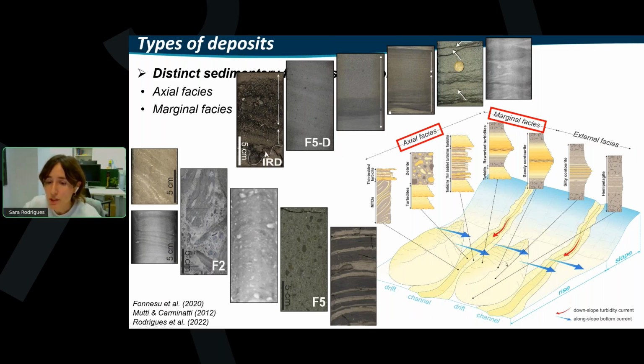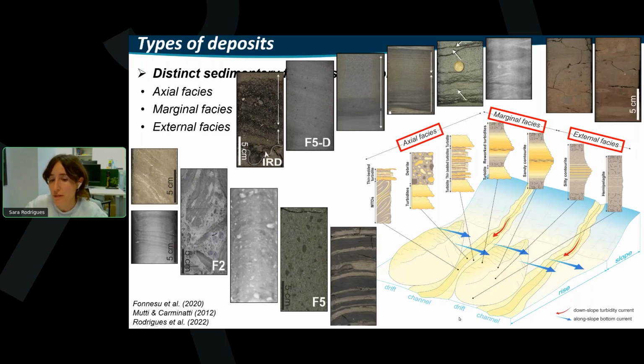And then when we got into the more distal part of the system, so we were not only going away from the main pathway of the turbidity flows, but also away from the main core of the current, we started to understand that there was a predominance of finer particles. And this is, of course, the pelagites, the hemipelagites, and even very fine contourites that we see.